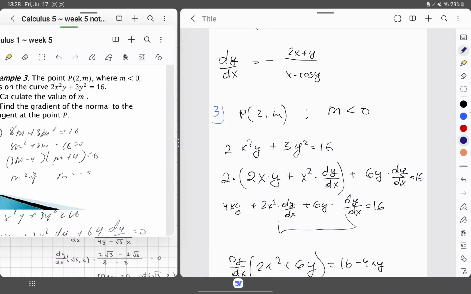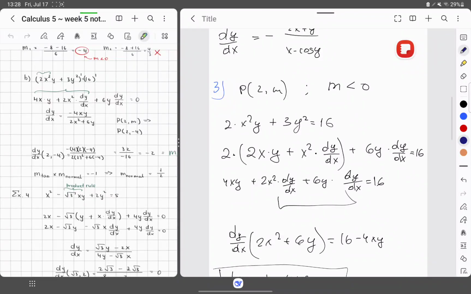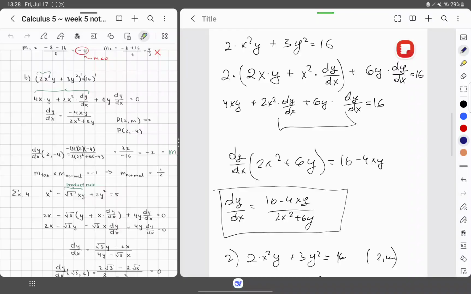Find the gradient of the normal. Okay, well, he did it. So we found the first one. What about this one?